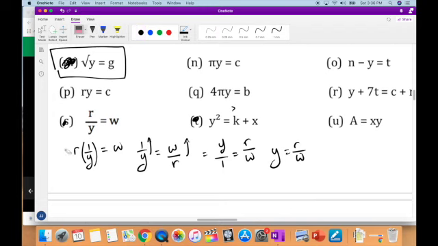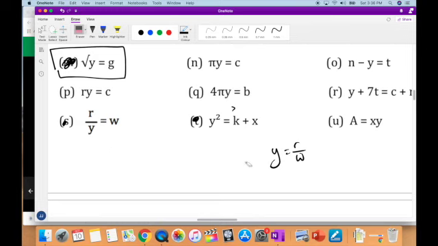Alright, there's another easier way to do it. You could transpose the Y, so I'll be left with R alone is equal to W multiplied by Y. And now that I have this, I transpose W to get R over W is equal to Y. Scotia, that makes sense to you?